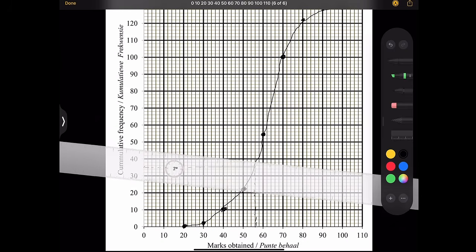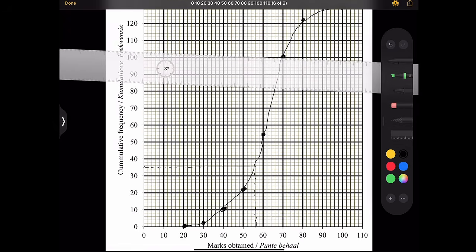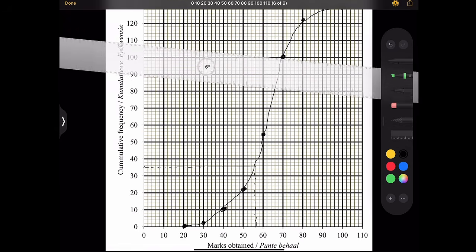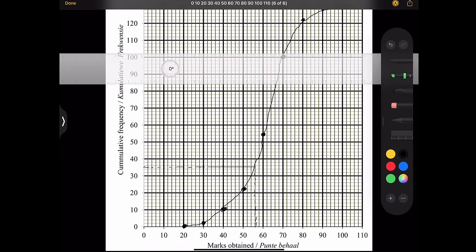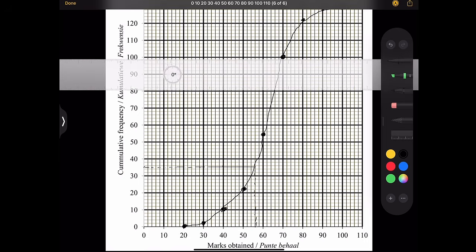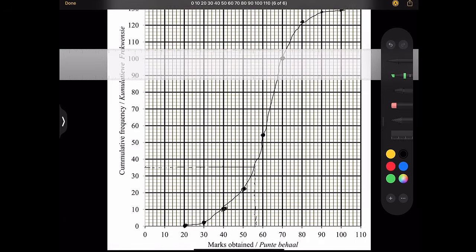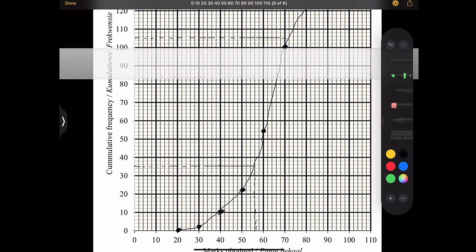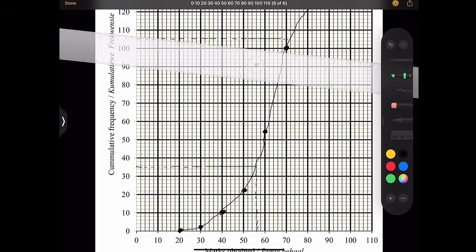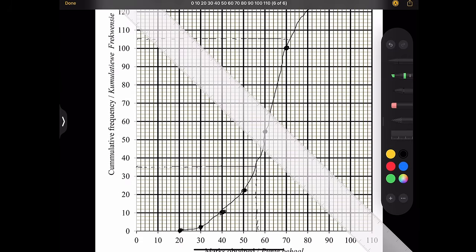The other value is at 105. Then we go to 105, and we're going to find Q3. So that's 102, 104, so 105 is over there. Let's find 105, and then we are going to find our interquartile range.